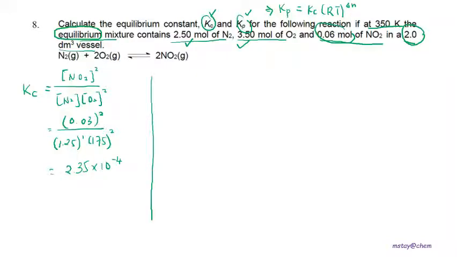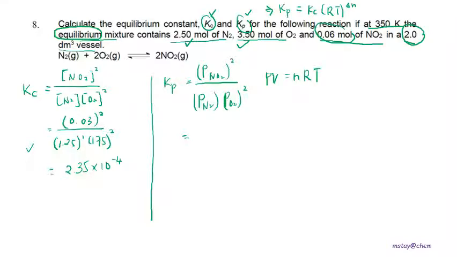With the presence of Kc, if you want to find the Kp value, it will be the partial pressure of NO2 to the power of 2 over the partial pressure of nitrogen and the partial pressure of oxygen to the power of 2. If we want to find the partial pressure, basically we can use PV equal to nRT.